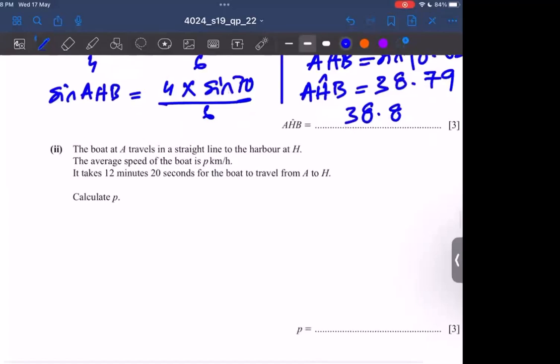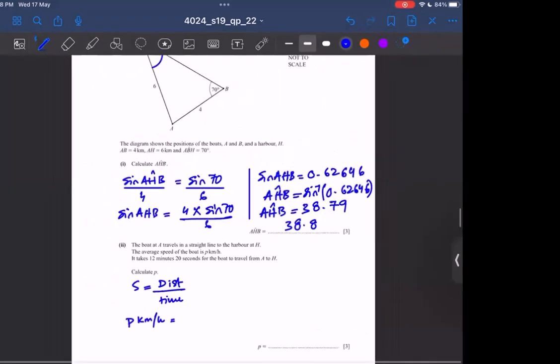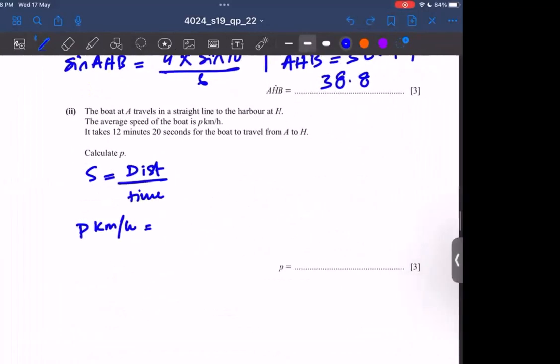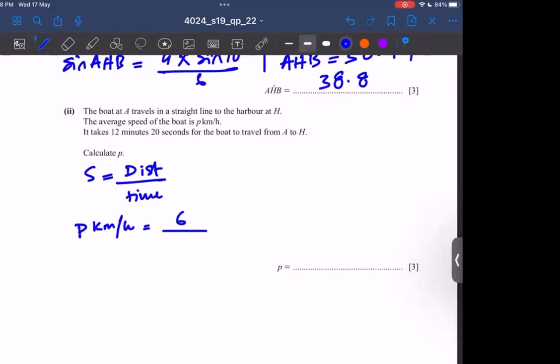The speed is equal to distance over time. Speed is p kilometers per hour. Distance from A to H is 6, so I'm writing 6 over here, and then we know the time, that is 12 minutes 20 seconds.